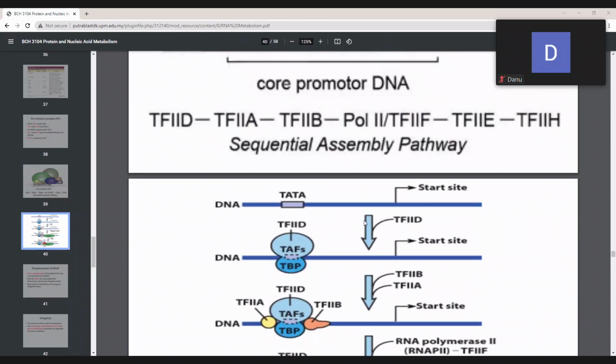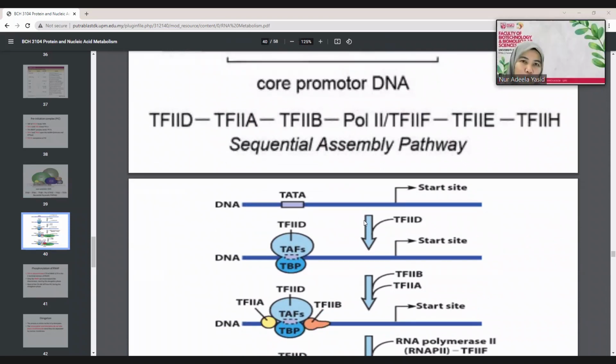So this is the formation of the pre-initiation complex. It explains how all the transcription factors help in binding of the RNA polymerase to the promoter region, correct?